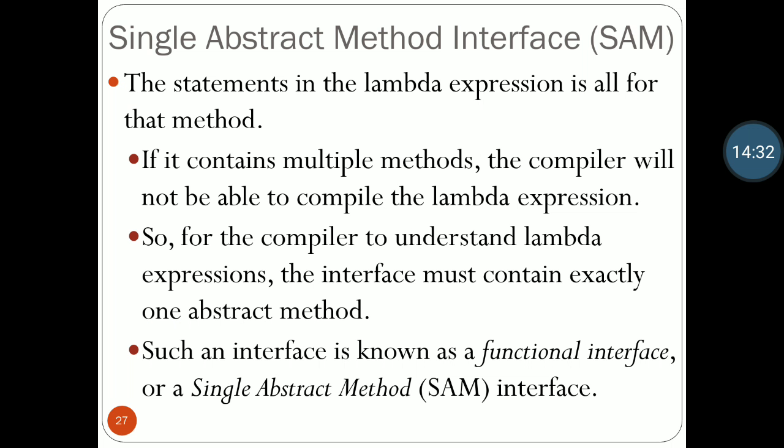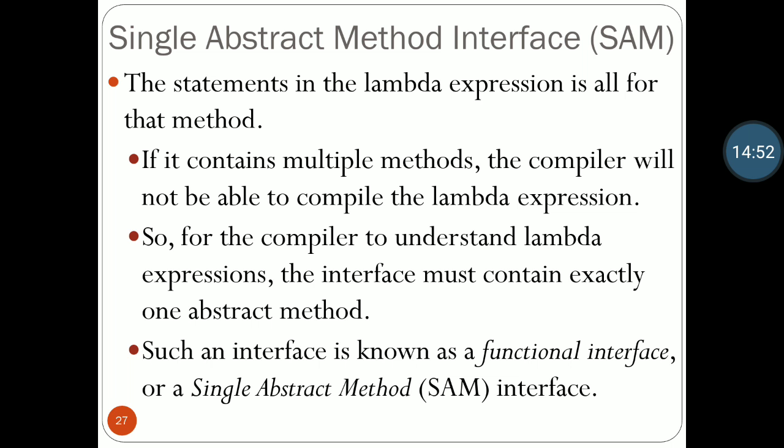Single abstract method interface, we can say shortly SAM. The statement in the lambda expression is for the method. If it contains multiple methods, the compiler will not be able to compile the lambda expression.